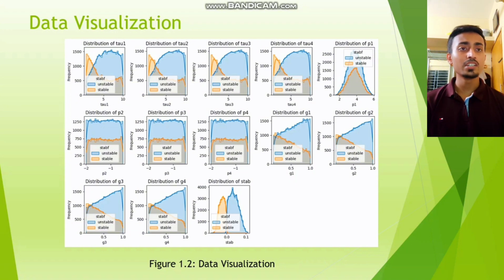In the g parameters, it is seen that there is a minimal number of stable class, where unstable parameters dominate the stable plot. On the stab category, the negative value shows that it is stable and the positive value shows that it is unstable.